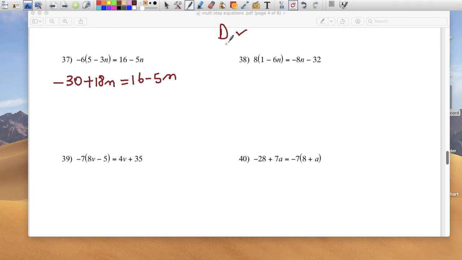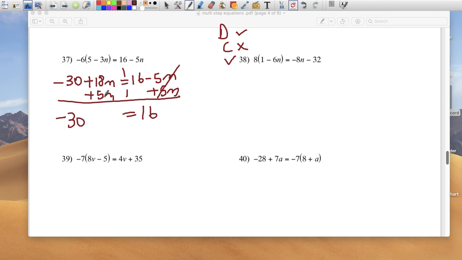Combine like terms. No. Variables on both sides. Yes. So again, let's get rid of one of the variables. Let's get rid of this guy, 5n, and then I do plus 5n, right? Because this was a minus 5n. So minus 5n plus 5n becomes 0. 16 comes down, and then I've got negative 30 and 18n plus 5n. Now that's 23n. So a little different now.